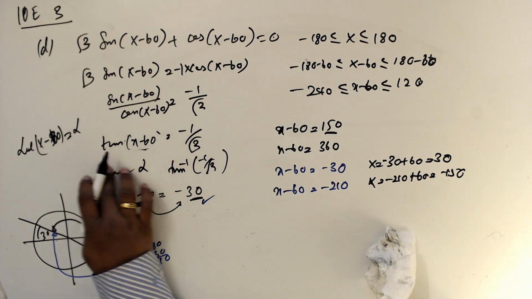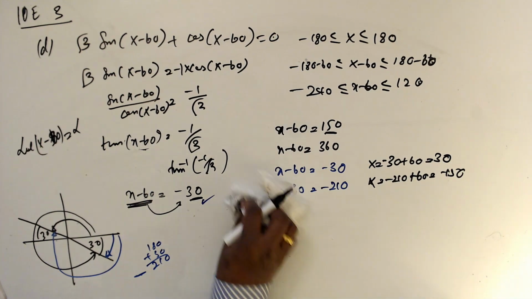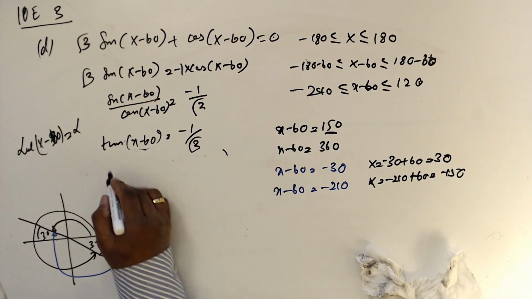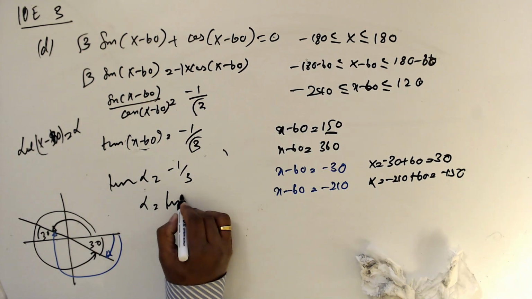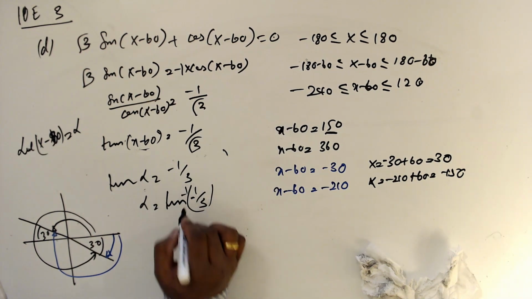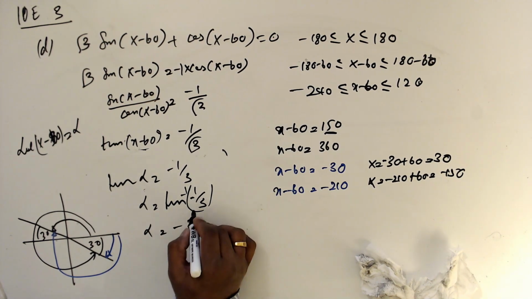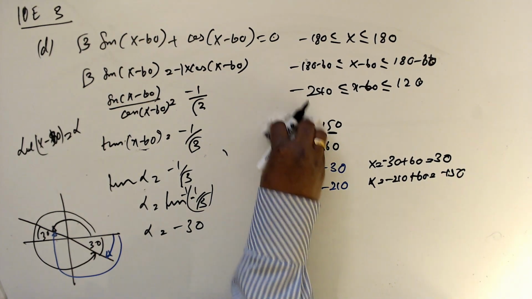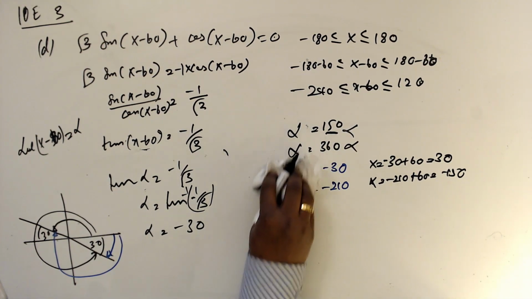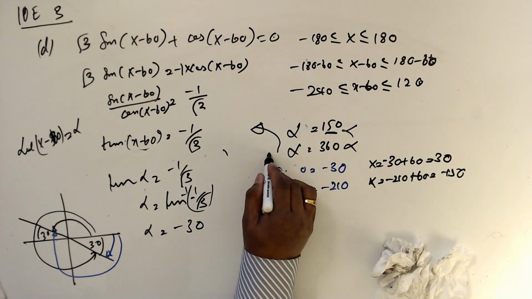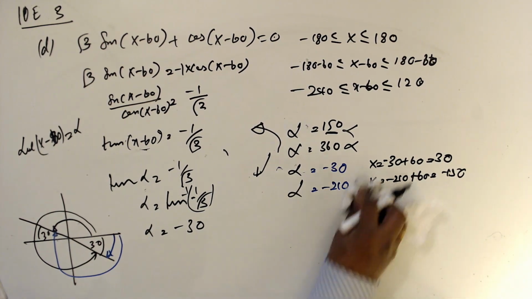Then I have to rewrite this one: tan alpha equal −1/√3, alpha equal tan inverse of −1/√3, and then alpha equal −30. Then this answer is in the clockwise direction; the other way around, anti-clockwise, alpha equal 210.